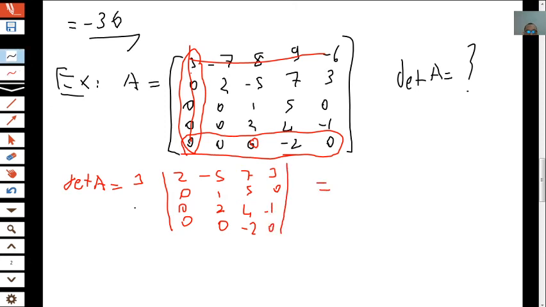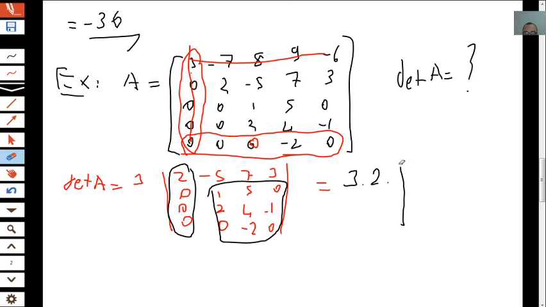And when we look at this matrix, similarly we have a single non-zero number in the first column, therefore it becomes 3 times 2, and by cancelling the first column and first row we obtain this one. Directly let's find the determinant of this 3 by 3 matrix using the third row, since we have a single non-zero number, minus 2.